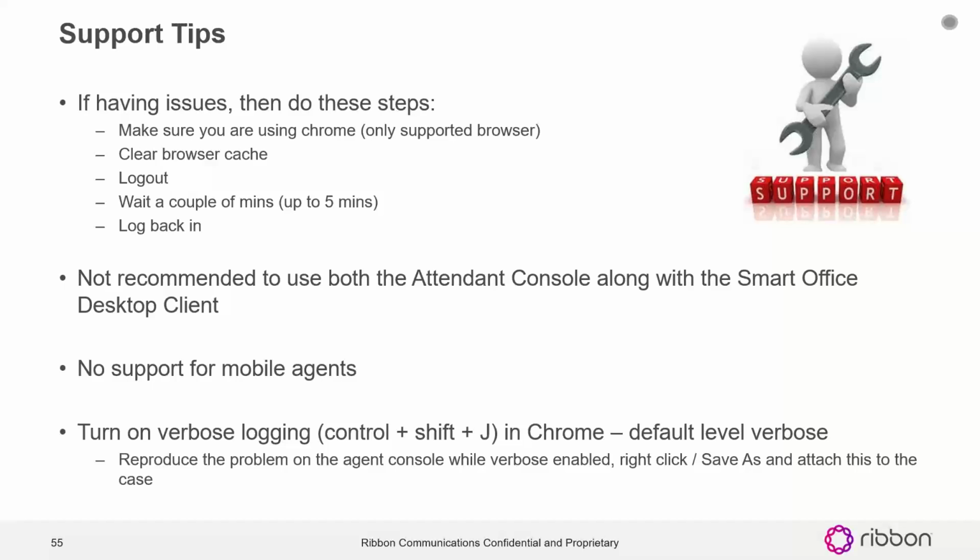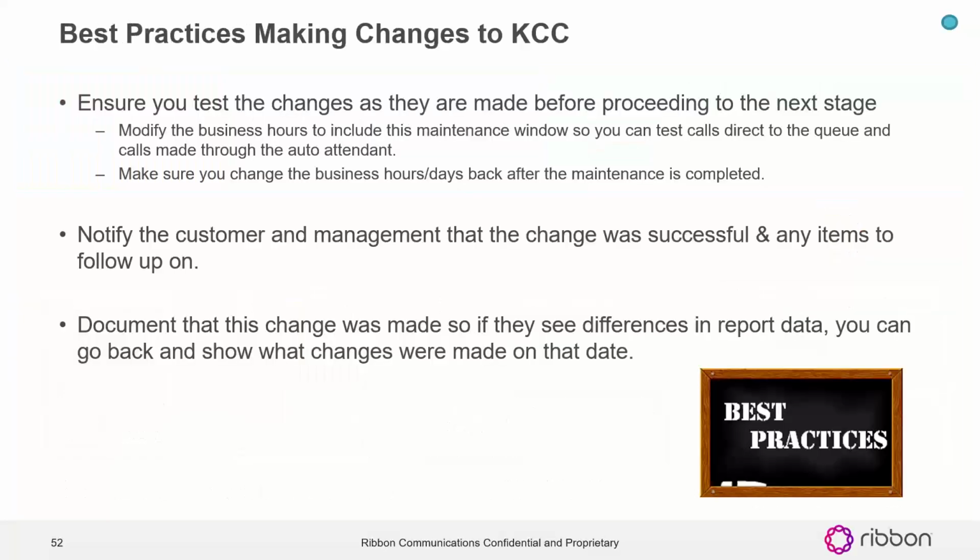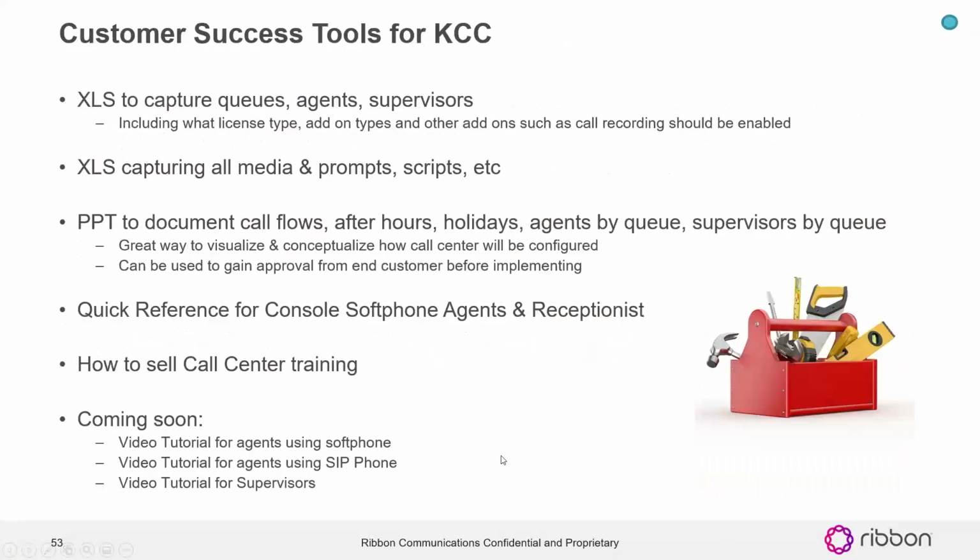Once you do that, it will change from the default level to all logs. Then you just need to have that running in the background. That will capture logs while you reproduce the issue with the agent that is having the problem. Then right-click, Save As, and make sure you attach those to the KBS support ticket that you open. As always, you'll need to include call details and stuff of that nature.